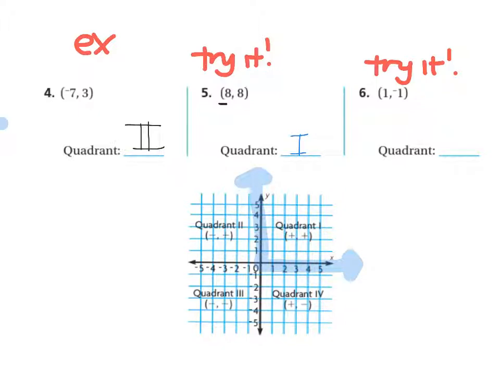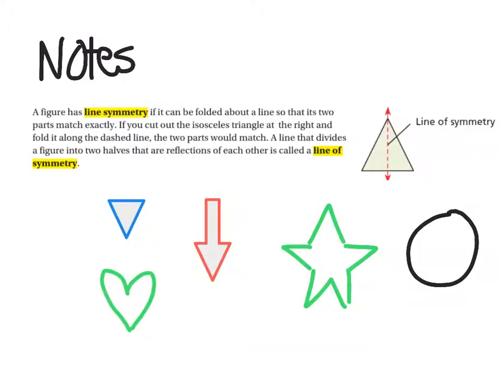And finally, let's do this last one here. x would be positive, so quadrant 1 or 4. And then it looks like the y is negative, so we would come down to quadrant 4. And that's IV, which means 4. Okay? All right.